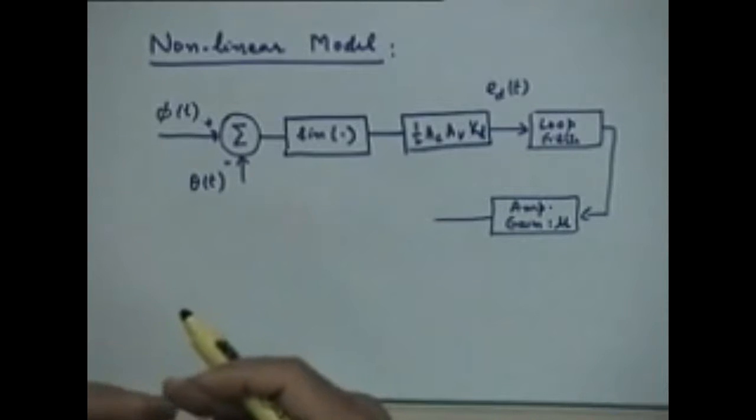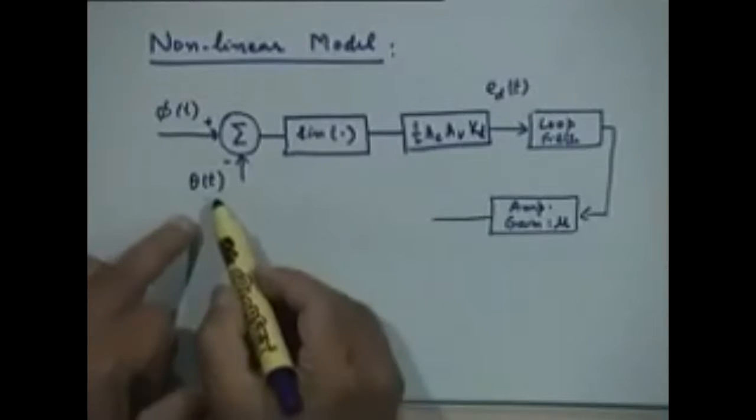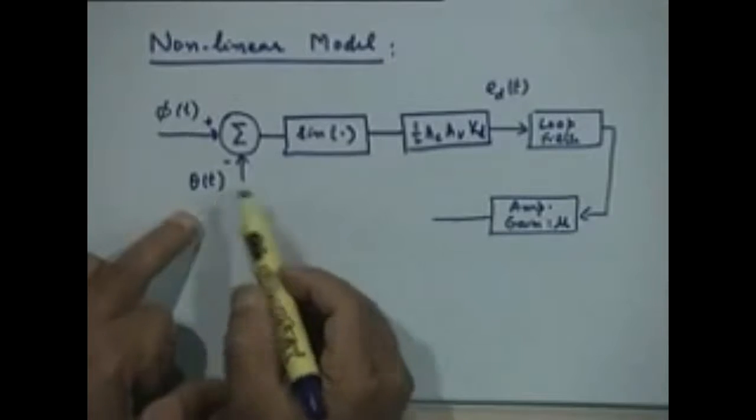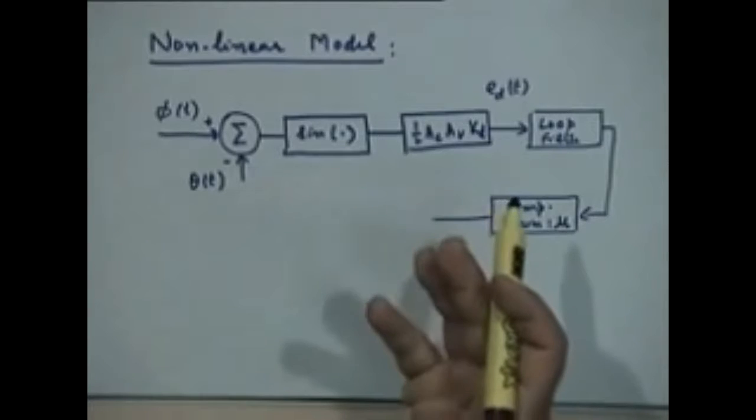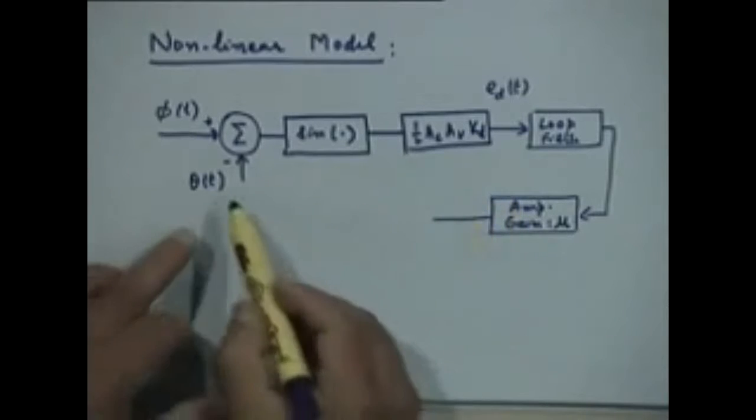The VCO is not being represented as producing an output which is sine omega ct plus theta t. It is now being modeled as producing an output which is equal to theta t, right, purely a mathematical model for what the VCO is doing, right.